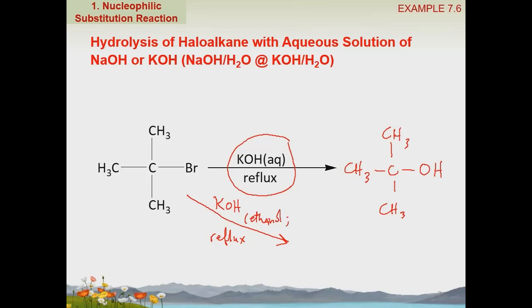Ethanol is also written in short form as EtOH. So what are we going to produce? An alkene. So here we get a different product. This one is an alcohol and this one is an alkene.